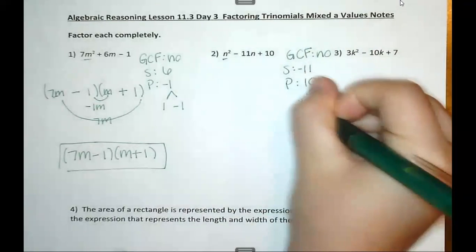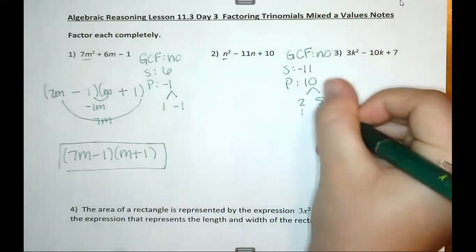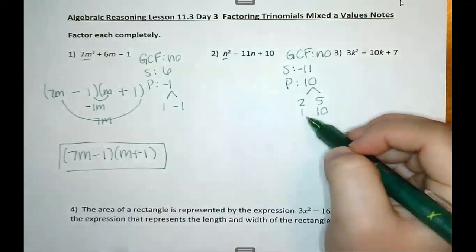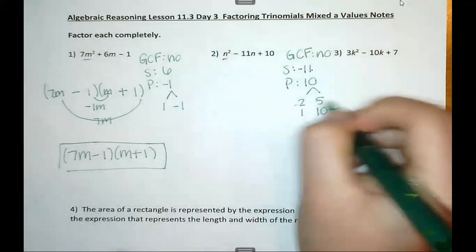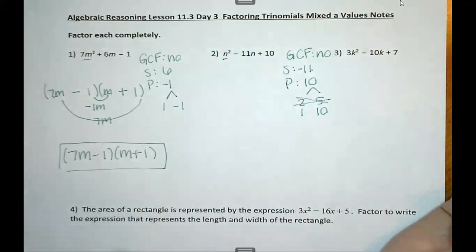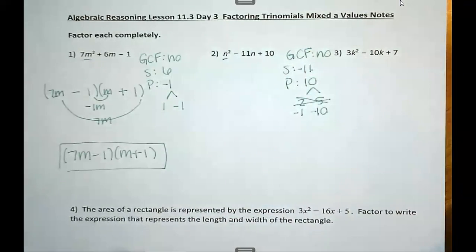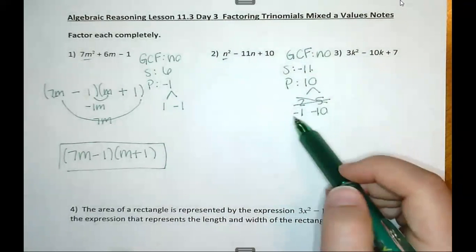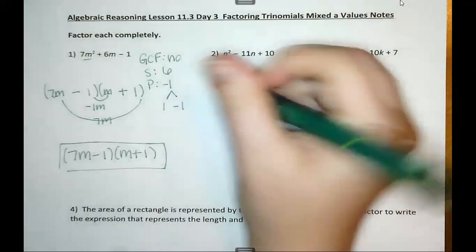So I could use 2 and 5, or I could use 1 and 10. So I actually can make 1 and 10 give me -11, so that must be the pair I'm using. If I need to get -11, I need both of these to be negative. A negative times a negative would give me +10, and -1 minus 10 would give me -11. So those are my numbers.